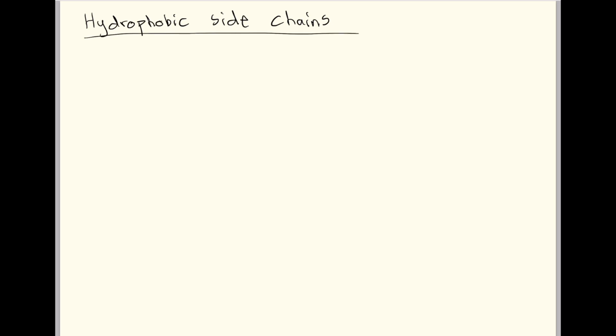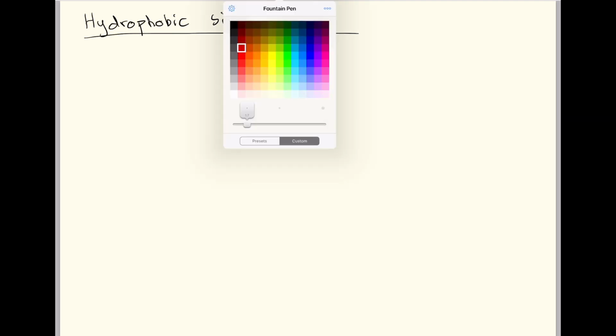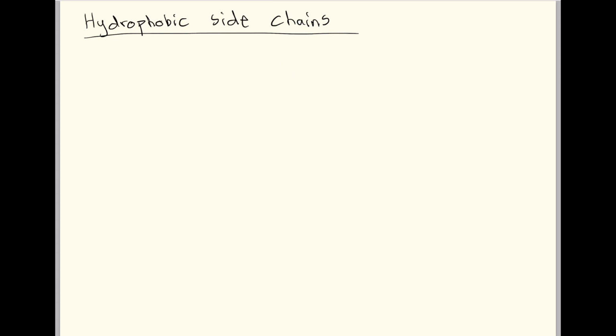Now, what is the meaning behind hydrophobic? Hydrophobic really means the fear of water. So as we're drawing out these amino acids, we're going to see that they are hydrophobic around the surface.